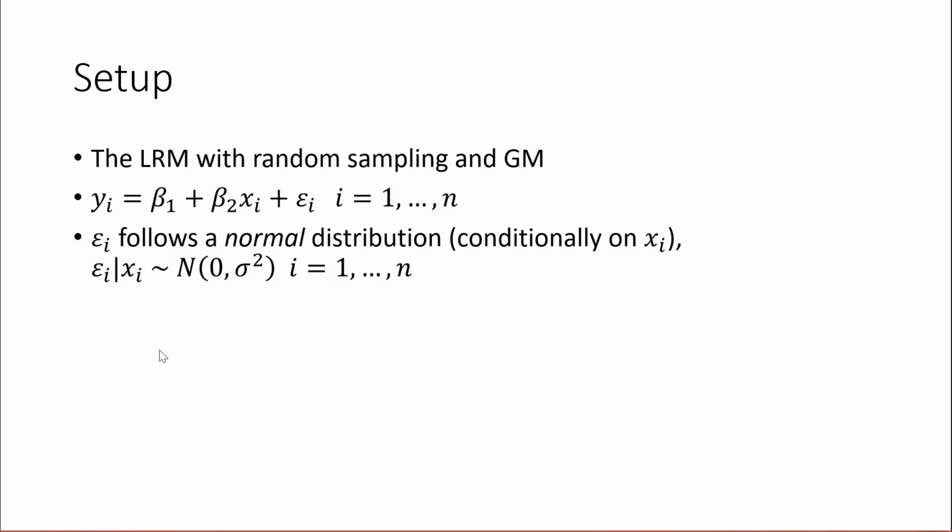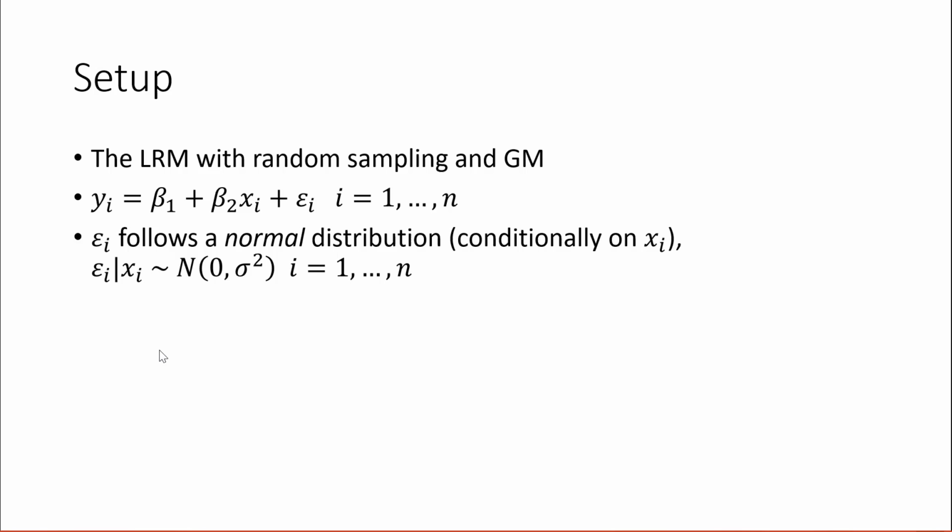In fact, we design the interval such that there is a pre-specified probability of this happening. The common probability to use is 95%. So a 95% confidence interval is an interval that contains the true parameter with a 95% probability.